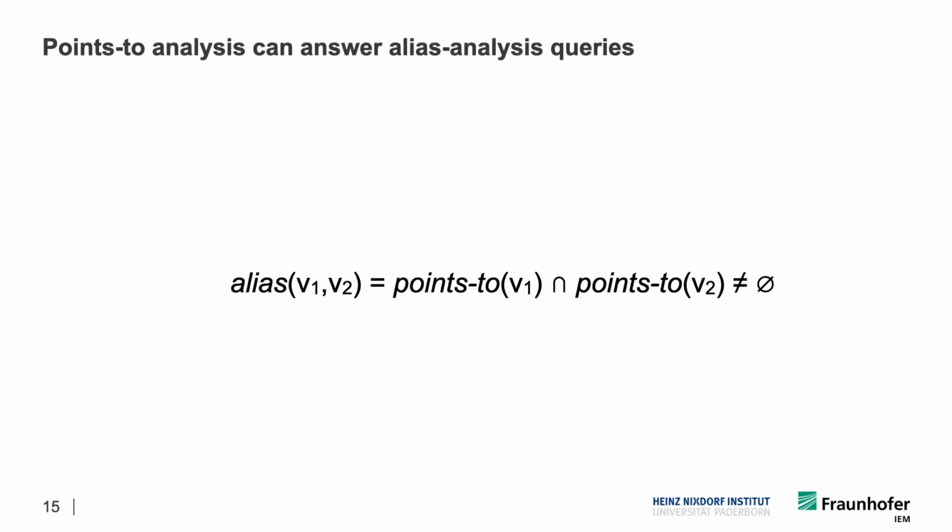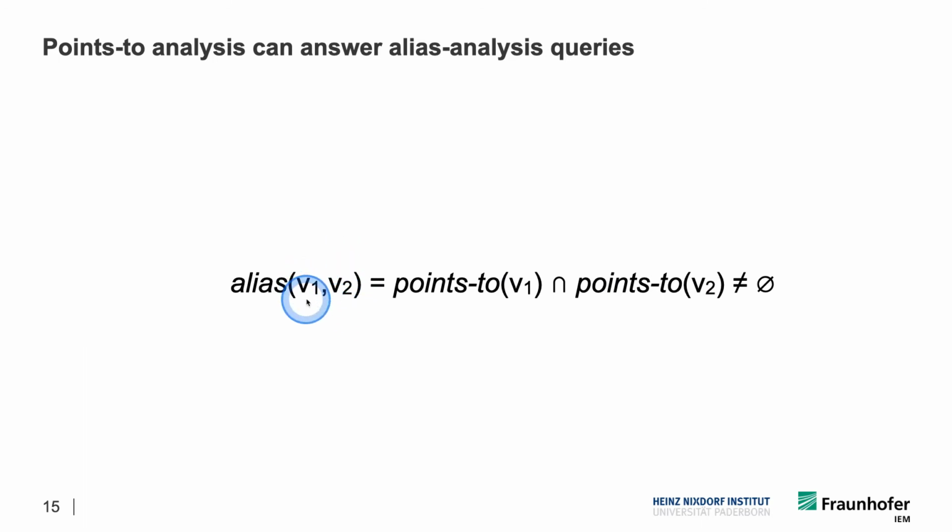And another one is also an important relationship between alias analysis and points-to analysis, because one thing that is important to understand, because it's also very often used in practice, is that you can answer such alias queries, alias v1 and v2, through a points-to query, like you see here.